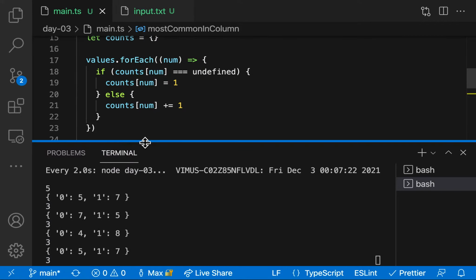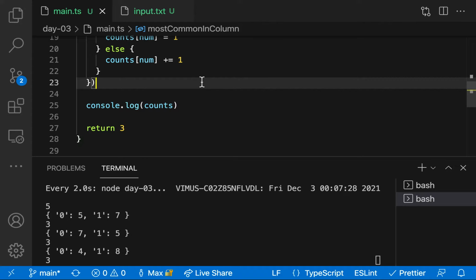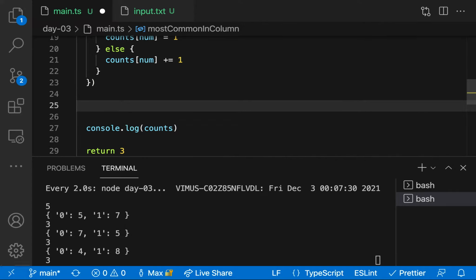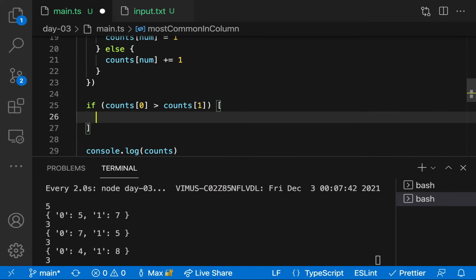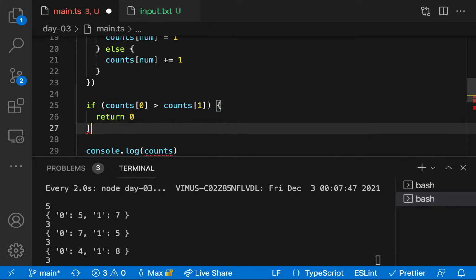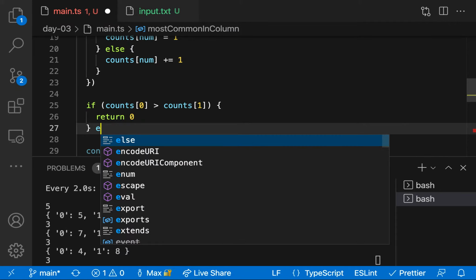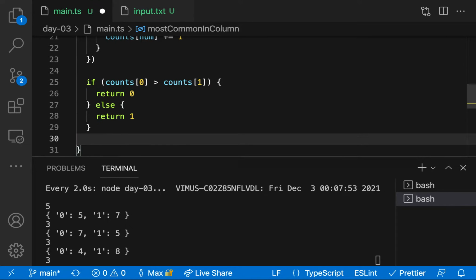All right, so we're counting, there's 5 zeros, 7 ones, etc. So then what? I guess then we just want to say, I mean, in this case, we know it's all binary, so we'll just say if counts 0 greater than counts 1, return 0. Else return 1. Hopefully they're never equal, I guess.